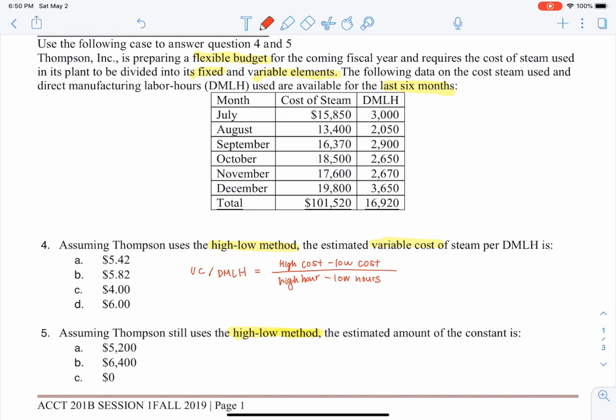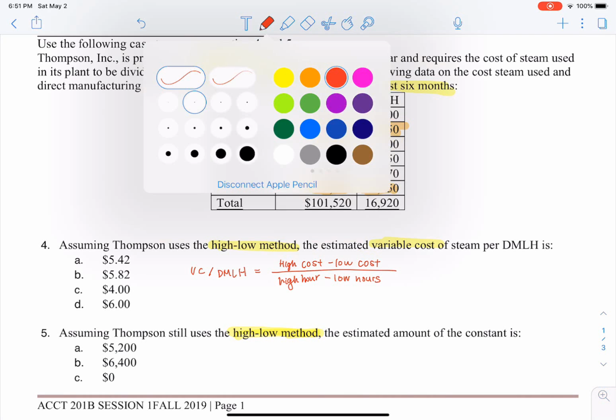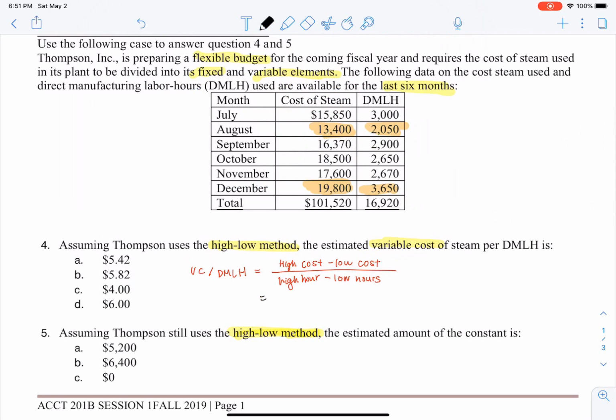What do I mean by the high cost and low cost? Based on the cost of steam, we can see the highest cost is in December, 19,800, and the lowest one is 13,400. That's our high cost and low cost. And look at the hours. The highest hours is going to be 3,650, and the low hours is going to be 2,050. So now we have the numbers. We just need to plug in the numbers.